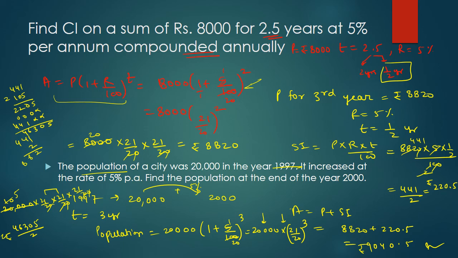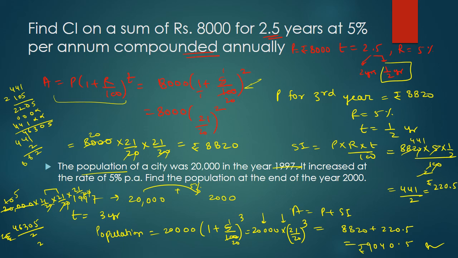No, not rupees, it is population. You have to try it on your own because population cannot be in decimals. So maybe 1 plus R upon 100, 5 2s are 10, 20 plus 1, 21 by 20. So let me solve it using the calculator, just bear with me.